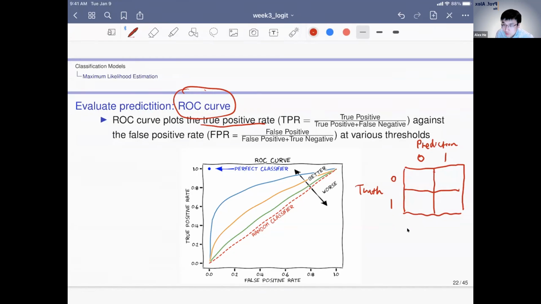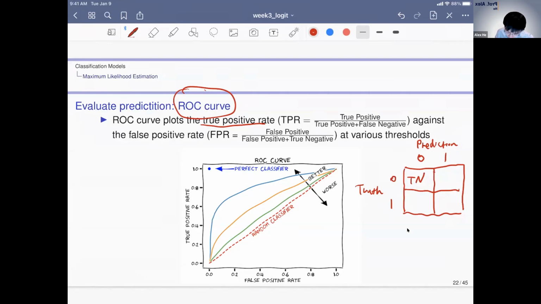Then we could have four cases. Either the prediction is 0 and the truth is 0, and that's what we call a true negative, because it's negative and we predicted correctly. When the prediction is 1 and the truth is 0, it's still negative, but we predicted a positive.